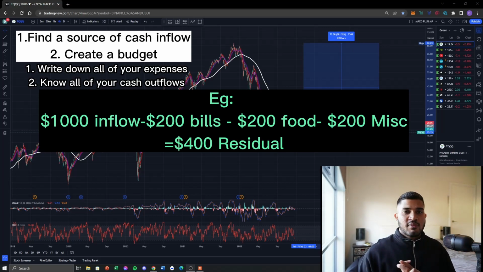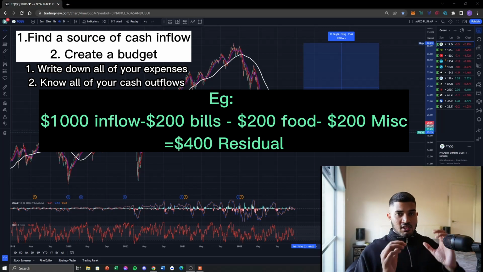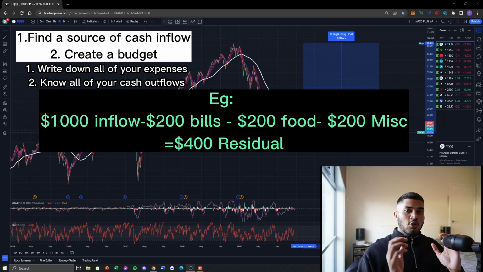So your total expenses just for bills will be 200. For food, it'll be another 150 to 200. And let's say you allocate around $200 to miscellaneous, meaning you have $400 left in your savings. So with that $400, that's what we're working with. So write down all of the expenses, know what you're left with.